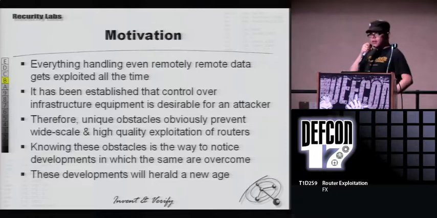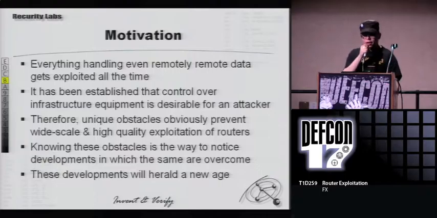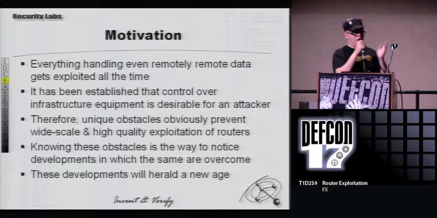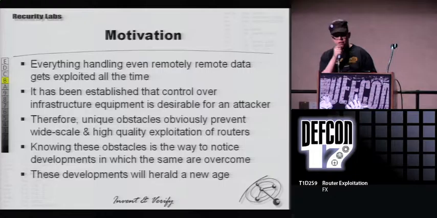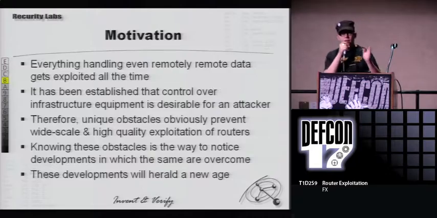So the thing is this: everything that even remotely has anything to do with data that you can send other people is getting exploited. Why is it not that infrastructure gets exploited? I mean, it's obvious that control over the entire infrastructure of someone you don't like is good.